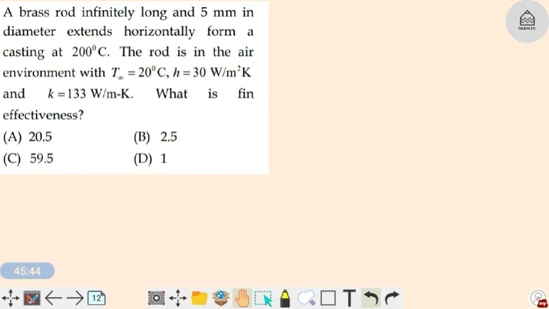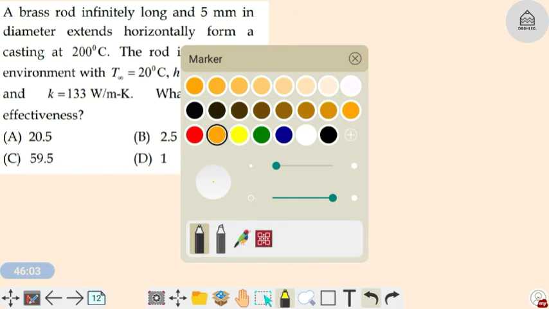So a brass rod infinitely long and 5 mm in dia extends horizontally from a casting at 200 degree Celsius. Infinitely long, these are the things you should mark.